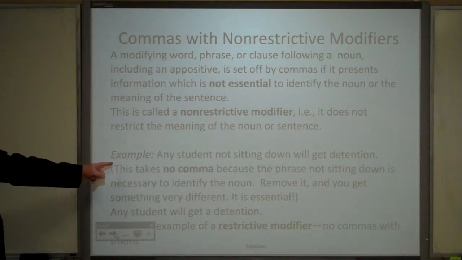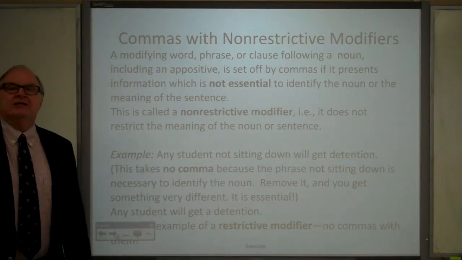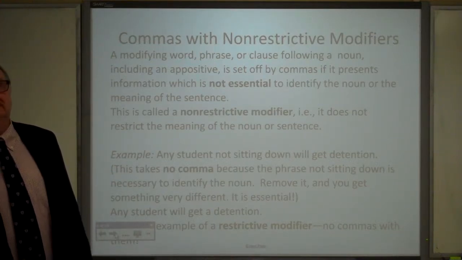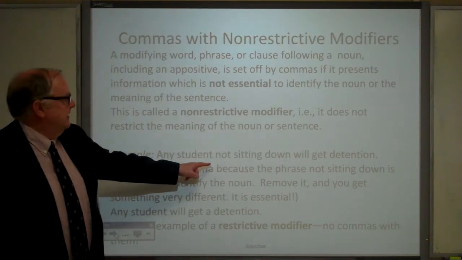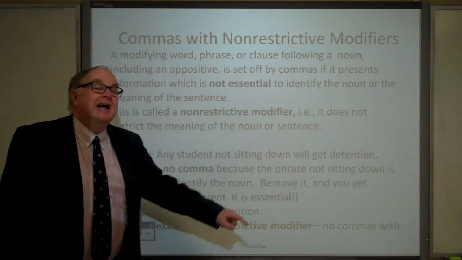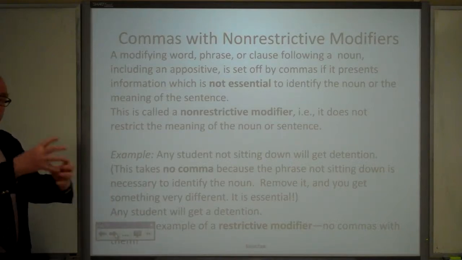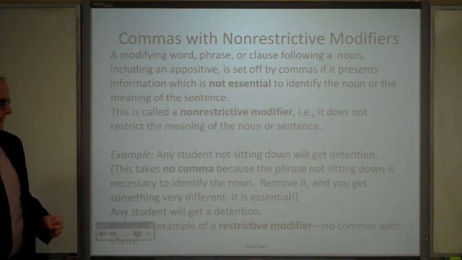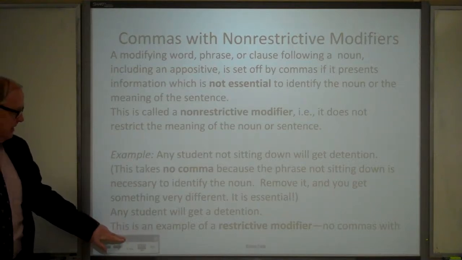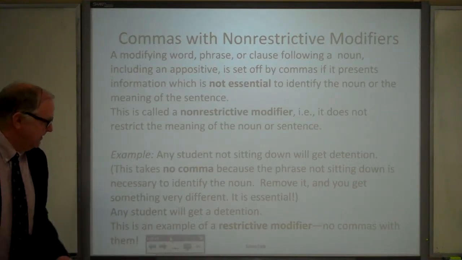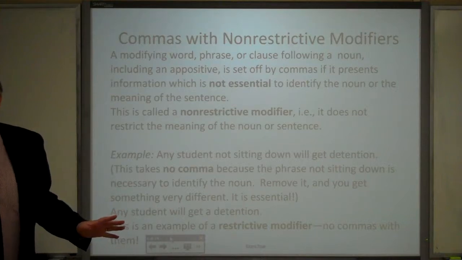So, for example, in this sentence, "Any student not sitting down will get a detention." Okay, that modifier, not sitting down, is essential to the meaning of the sentence. If I remove that, I've completely changed the meaning. Now I'm saying any student will get a detention.